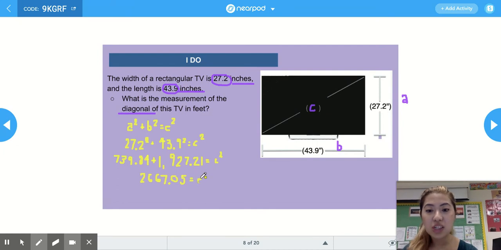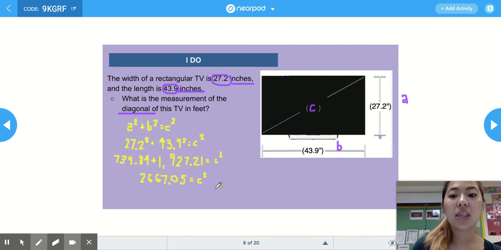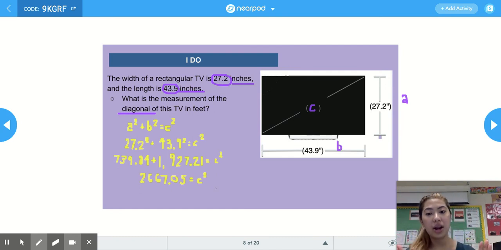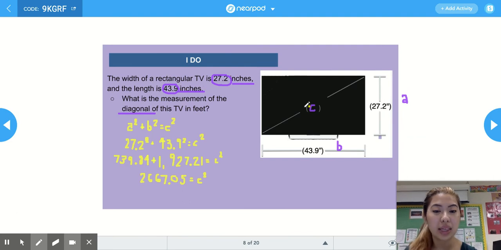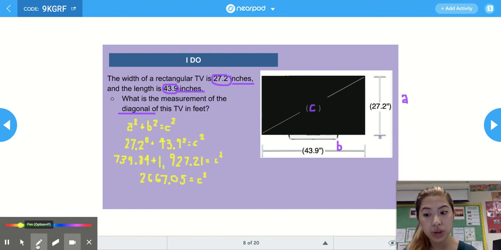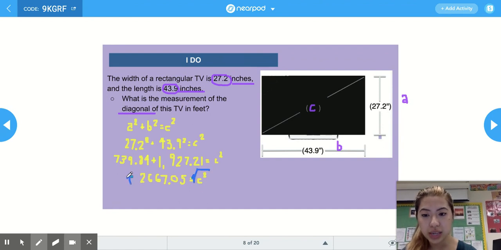And if I just want to figure out the value of c, because this right here is saying that the area of the square that uses c, or that hypotenuse, as a side length is 2,667.05. But if we just want to figure out the side length of that square, we're going to have to square root it, like we talked about yesterday. You can just use a calculator for this.